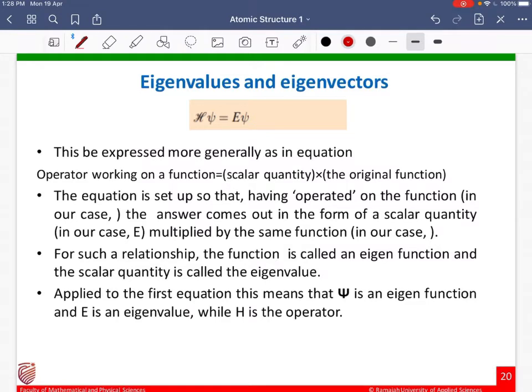Equation 1 can be expressed generally like an operator working on a function equal to a scalar quantity times the original function.